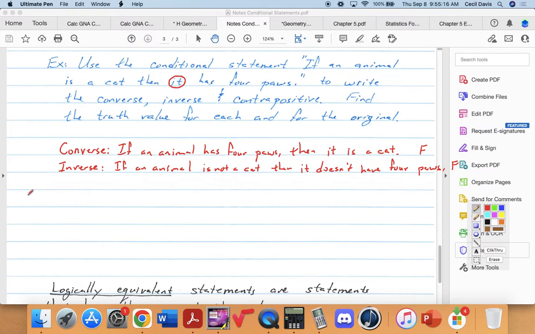And then the contrapositive, we want to do both. So we want to switch the hypothesis and the conclusion and negate both of them. If an animal does not have 4 paws, then it is not a cat.